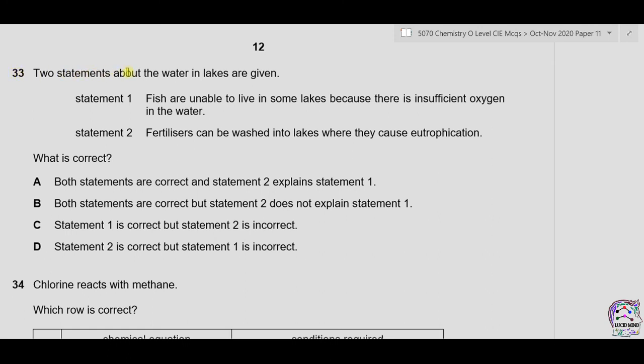Question number 33. Two statements about the water in lakes are given. Number 1. Fish are unable to live in some lakes because there is insufficient oxygen in the water. Statement 2. Fertilizers can be washed into lakes where they can cause eutrophication. Now eutrophication is the process in which we have oversupply of nutrients, which will result in overgrowth of plants and algae.